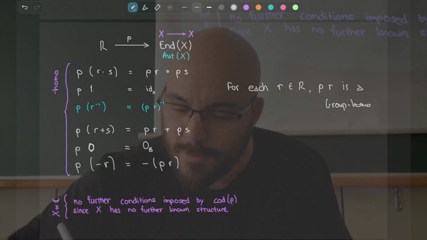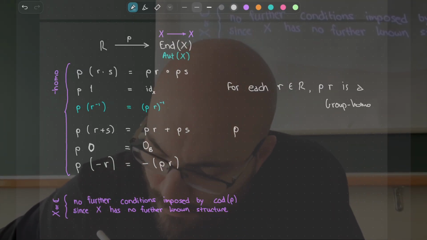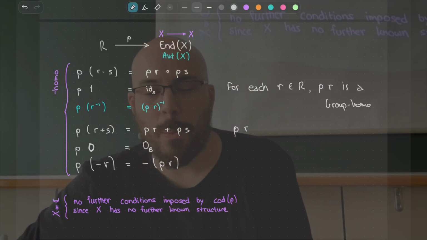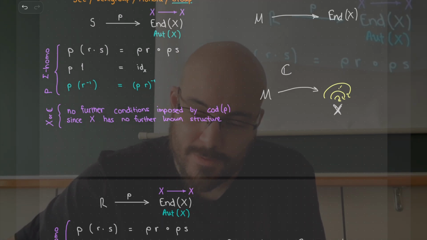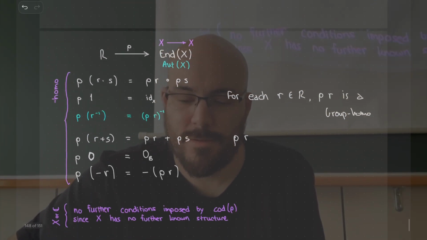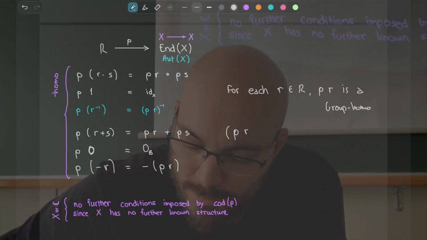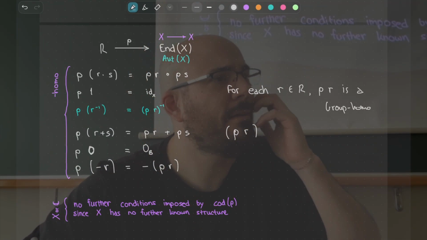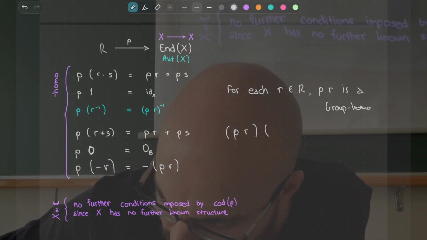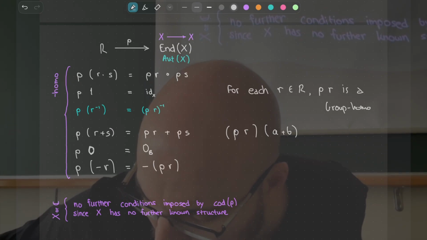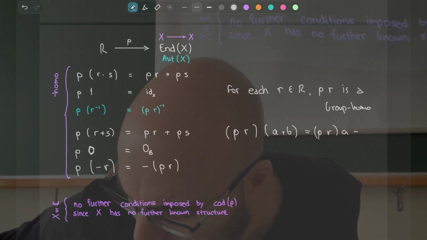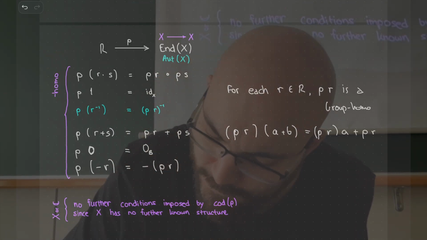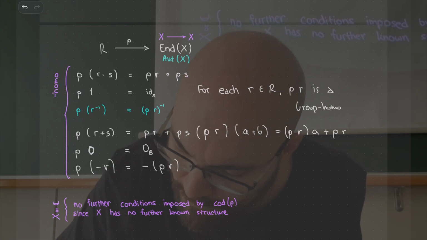What does it mean? Somebody help me. Rho of R applied to A plus B needs to be rho of R applied to A plus rho of R applied to B.